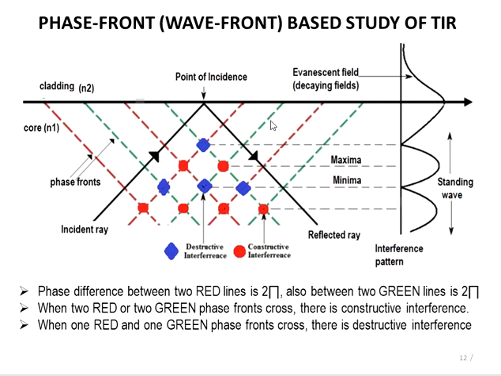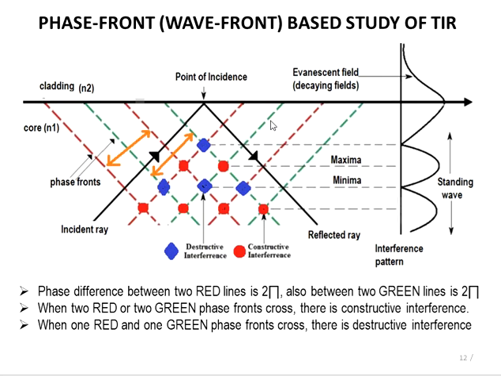So because of this phase change, there will be constructive and destructive interference. So let's find the condition for the wave so that it can propagate through the fiber.